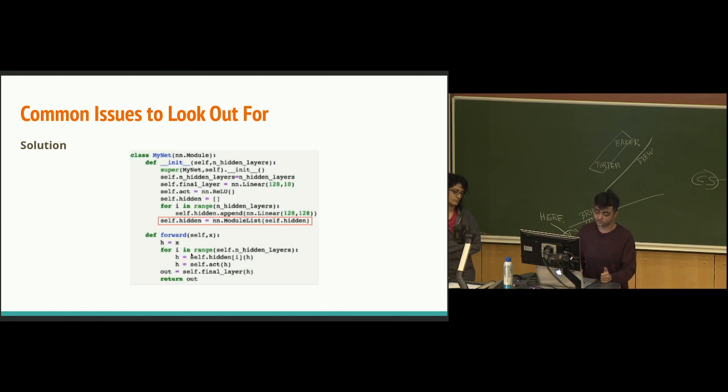On the other hand, in nn.ModuleList, you have to iterate through every hidden layer. So in this particular example, nn.Sequential makes more sense. But in some cases, you would want to use nn.ModuleList because you would actually want to use the intermediate outputs in some different way.